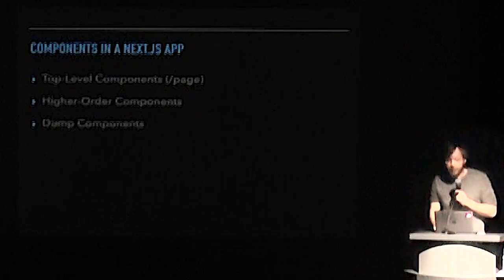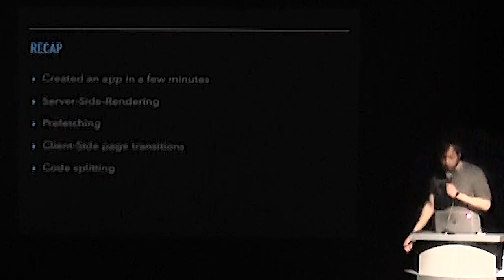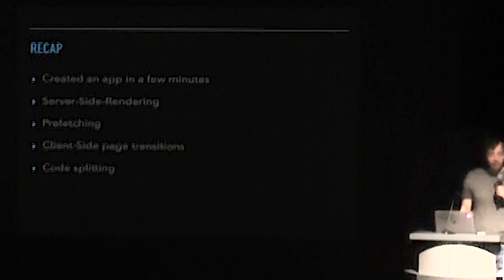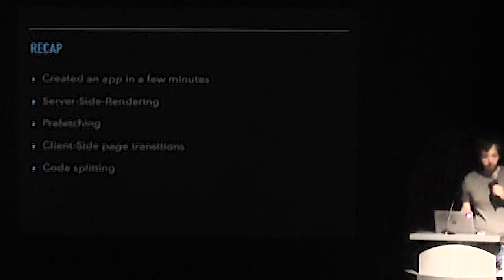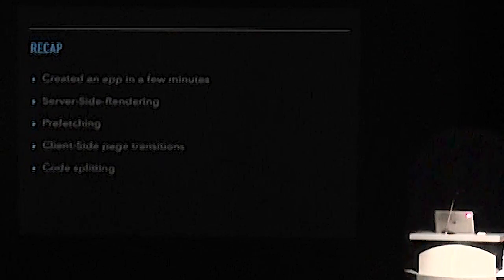It just adds the getInitialProps static method. So we just created a React app in a few minutes. We solved the complex problem of server-side rendering. We added prefetching. We added client-side page transitions and code splitting, which works on a big scale as well.